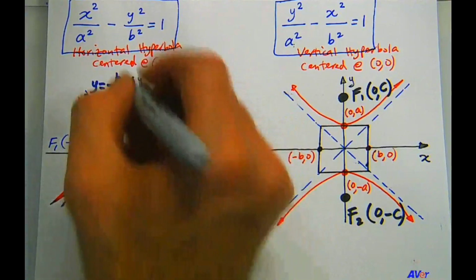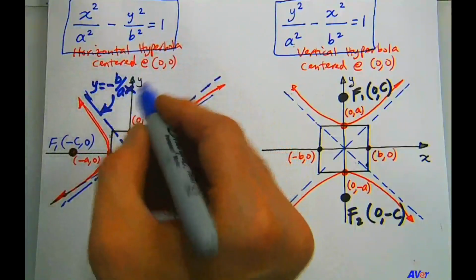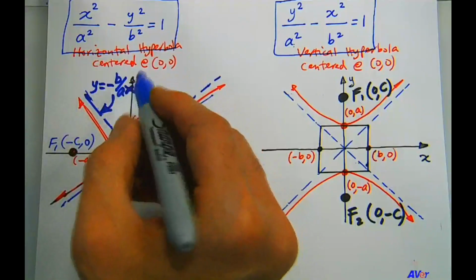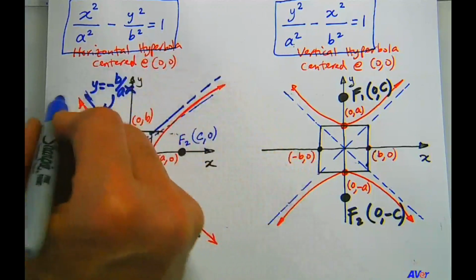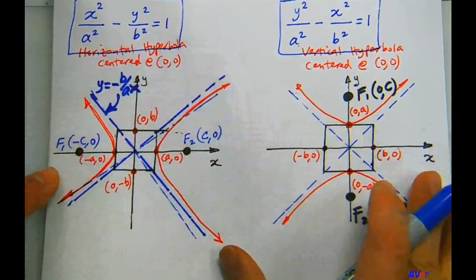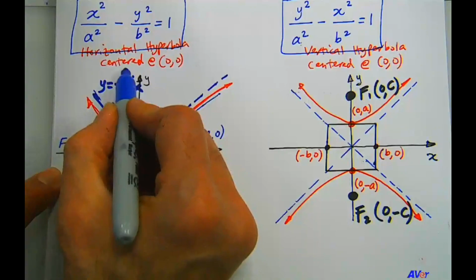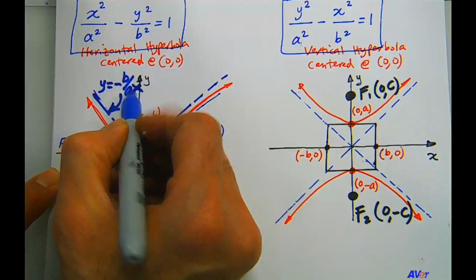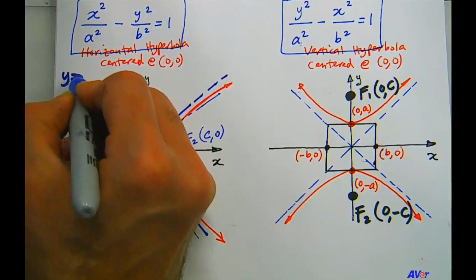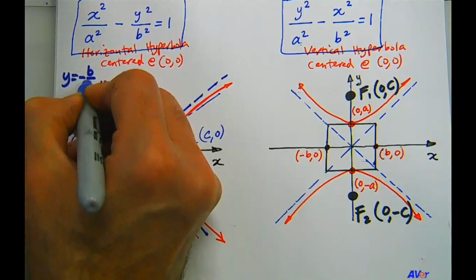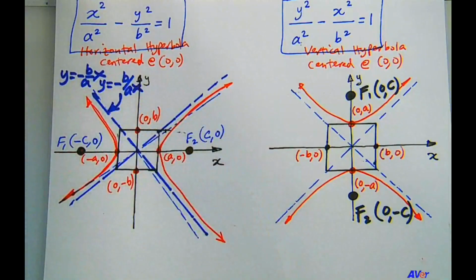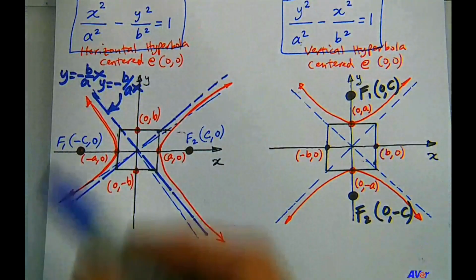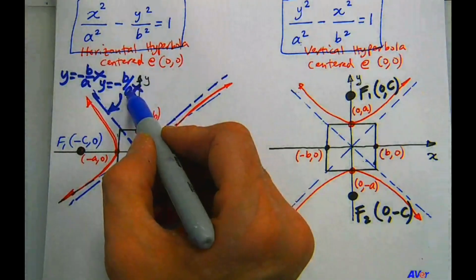Well, let me draw this better at least. So this is minus b over a, the coefficient of x. Also minus b over a times x. I rewrote it just to make that clear, because it looks as if x is in the denominator.